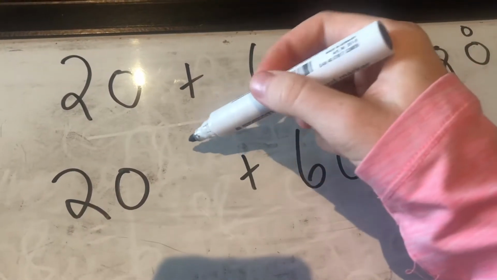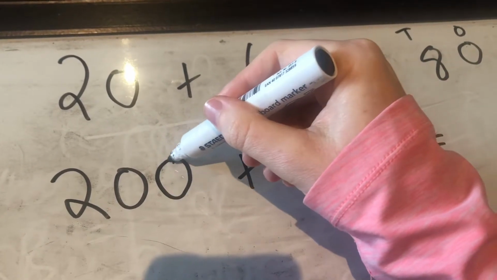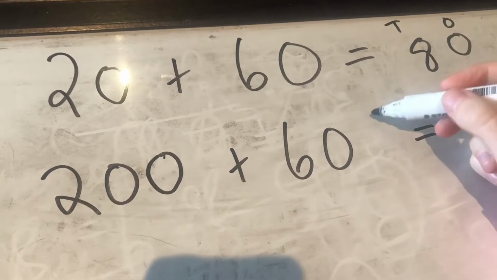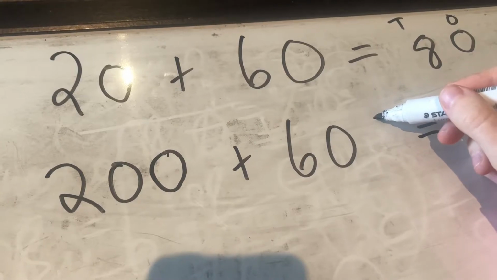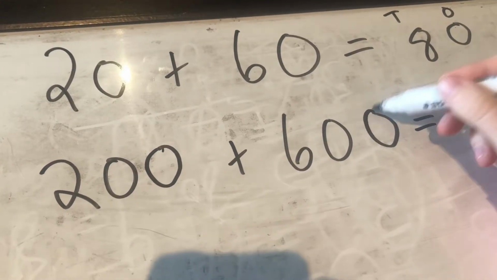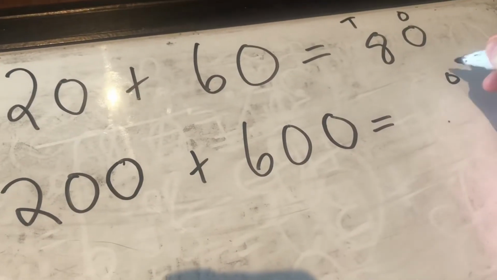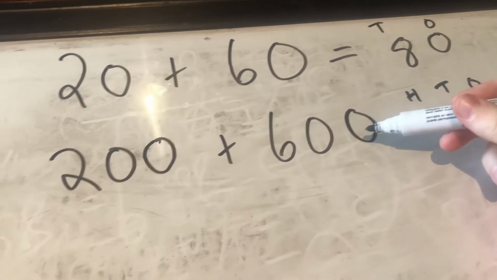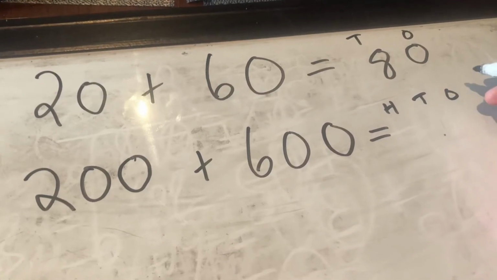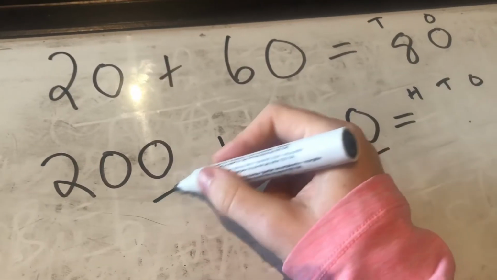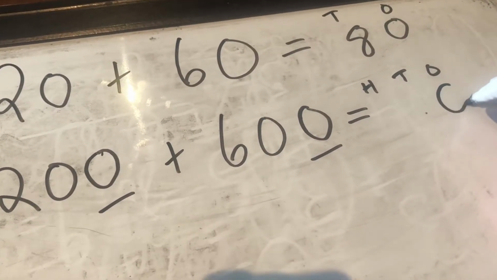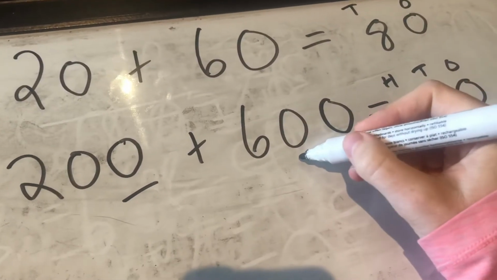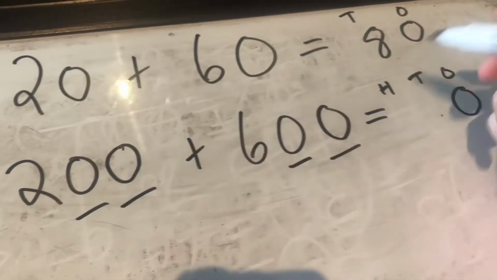So I'm going to turn my 20 into 200, and my 60 is then going to become 600. So now we have ones, tens, and hundreds. You can see that my ones is going to be 0 because 0 plus 0 equals 0. My tens is going to be the same, 0 and 0.